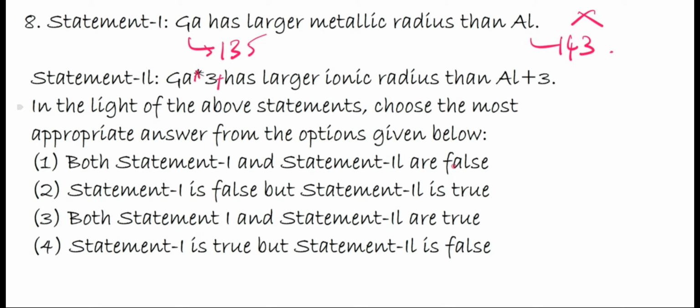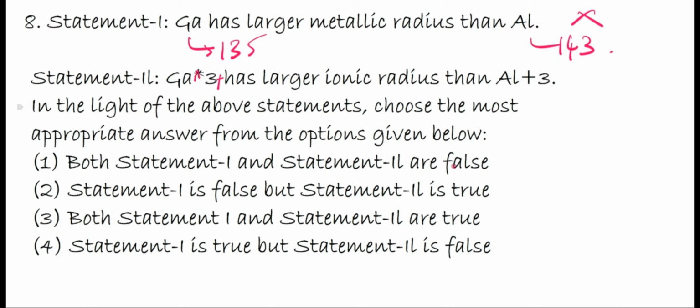Then, gallium 3 plus has a larger ionic radius than aluminium 3 plus. Is it right? Let's take the radius. You can also go about it with electron repulsion and the size as well, but I'm giving you the data here.